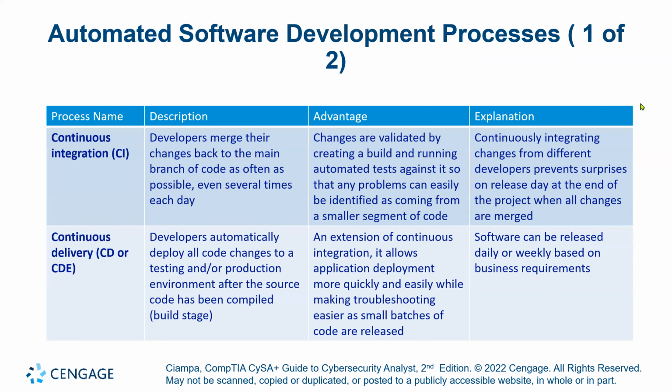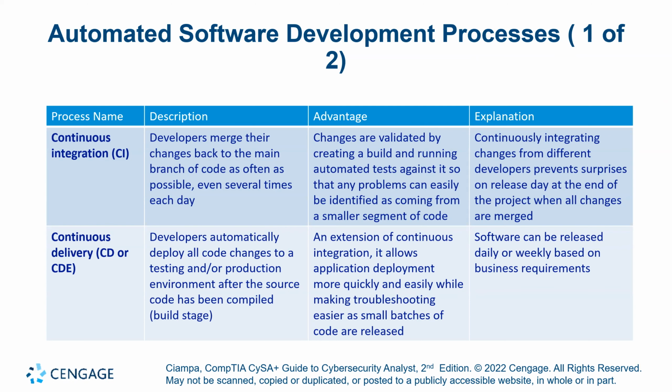Okay. Automated software development processes. So we'll start with process name, then description, advantage, and explanation. So there's continuous integration. Developers merge their changes back to the main branch of code as often as possible, even several times each day.